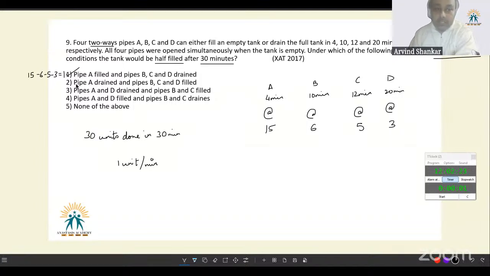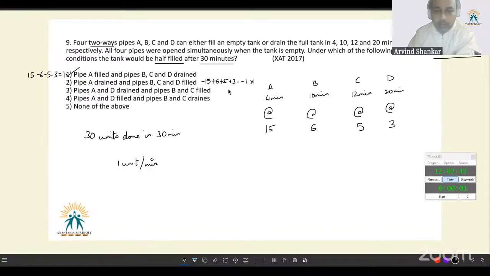But given this is XAT, and XAT has historically had options like more than one of the above two is correct, check that below as well. Let's see. The second one would be directly the inverse, -15 plus 6 plus 5 plus 3, which gets us to a rate of -1. We don't want this.